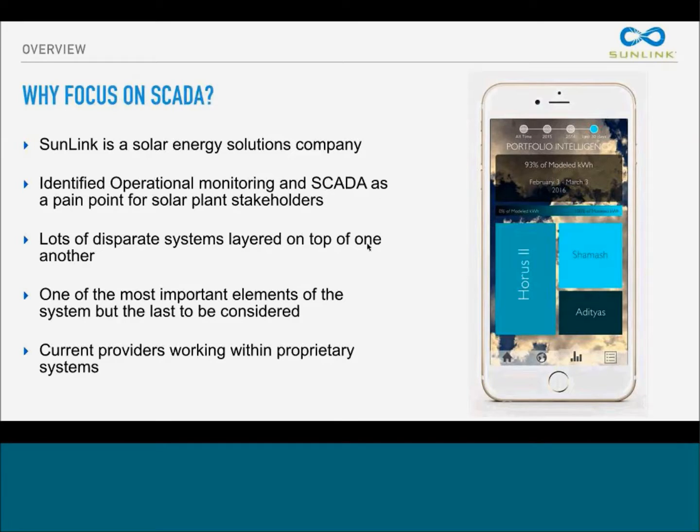As a solar energy solutions provider, SunLink identified monitoring and SCADA as a major pain point for solar plant stakeholders. So we took a step back and looked at the traditional approach and decided there was a better way to do it. The first step was to consider all the various key stakeholder requirements in the context of one system: the developers, EPCs, asset managers, O&M providers.